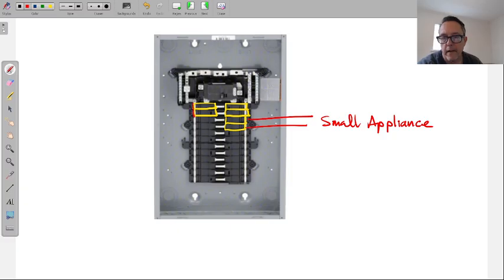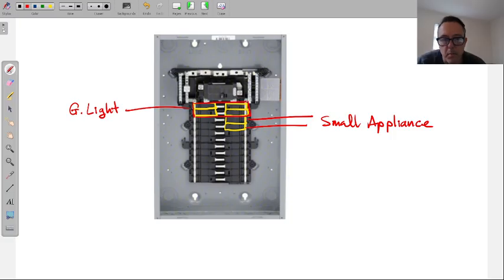All right, the first 4 here, I'm going to label. I want to label all of them. And this I'm just going to put as general lighting.